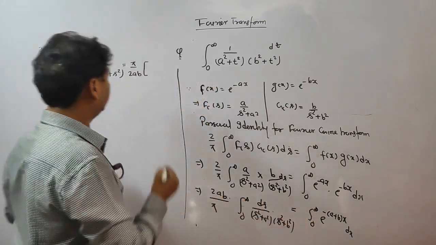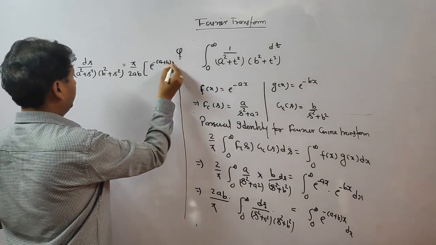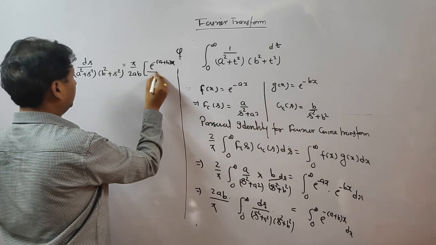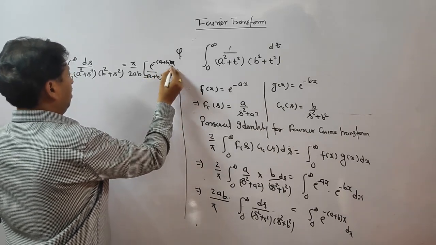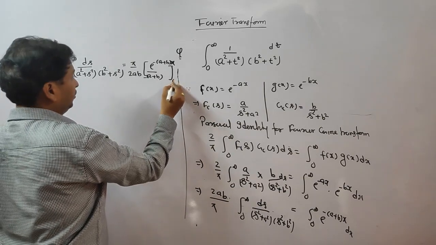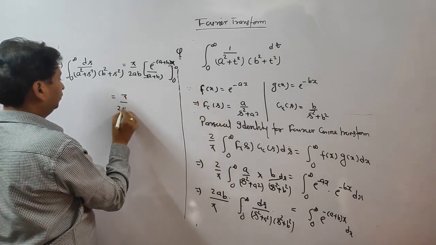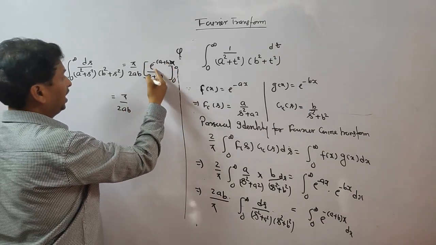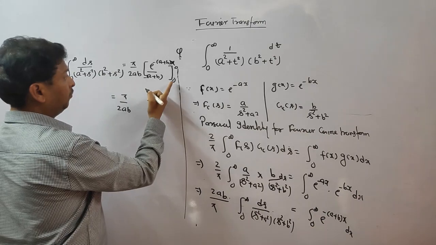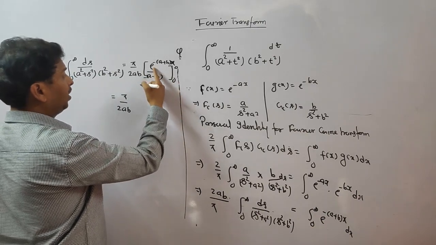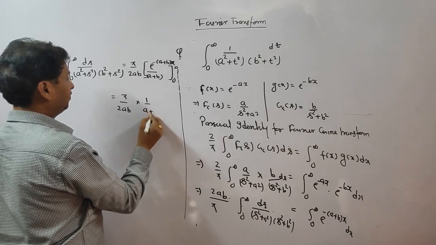Integral value of this, e to the power minus (a plus b)x upon minus (a plus b), limit is 0 to infinity. When we put infinity, e to the power minus infinity becomes 0, and when we put 0 it becomes 1, and because minus is there, the value is 1 upon a plus b.